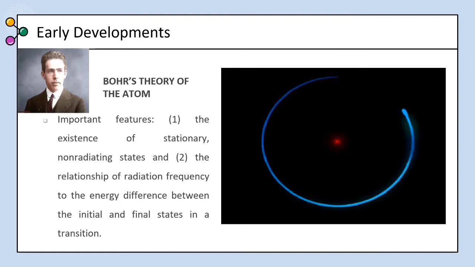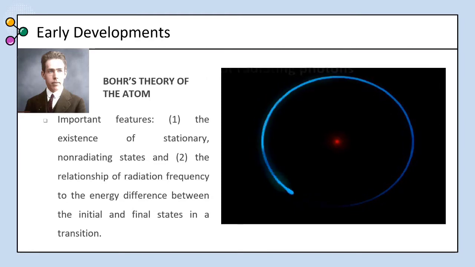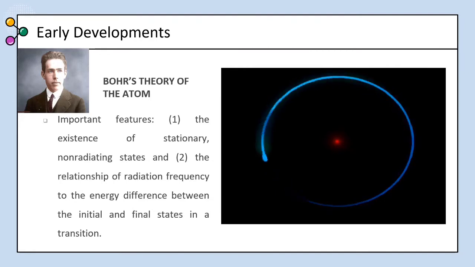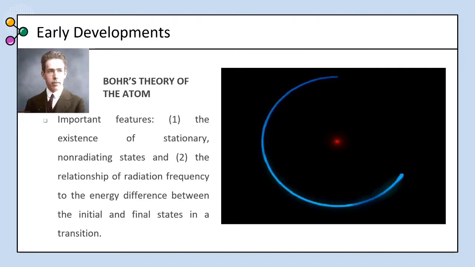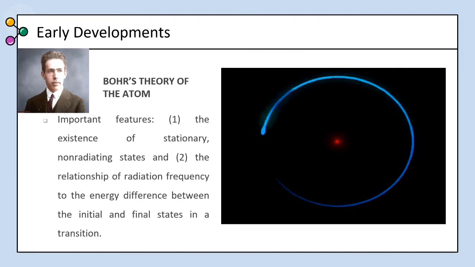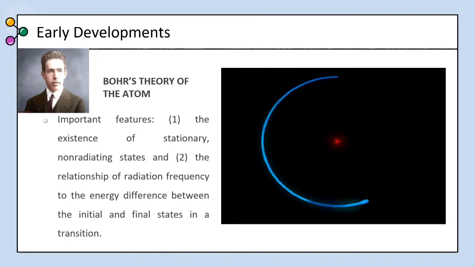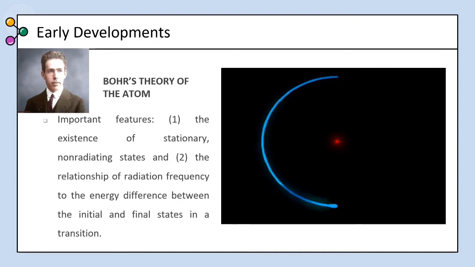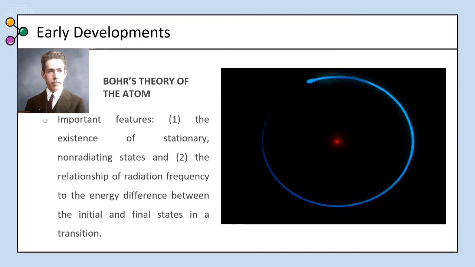Bohr's theory of the atom. A major contribution to the subject was made by Niels Bohr, who applied the quantum hypothesis to atomic spectra. Bohr's theory has two most important features that survived in present-day quantum mechanics. They are: 1.